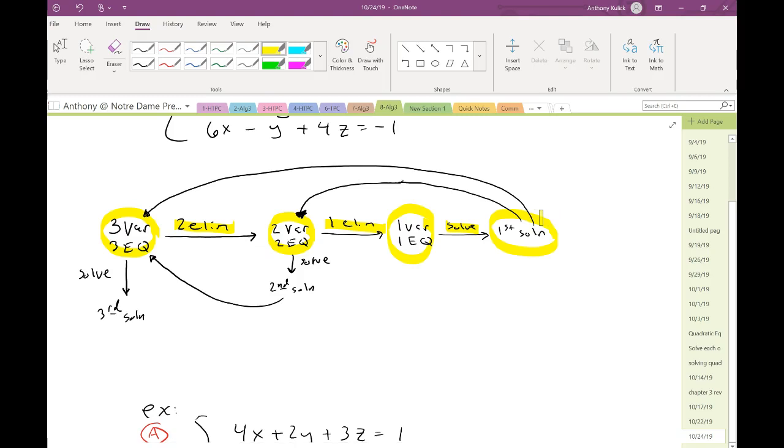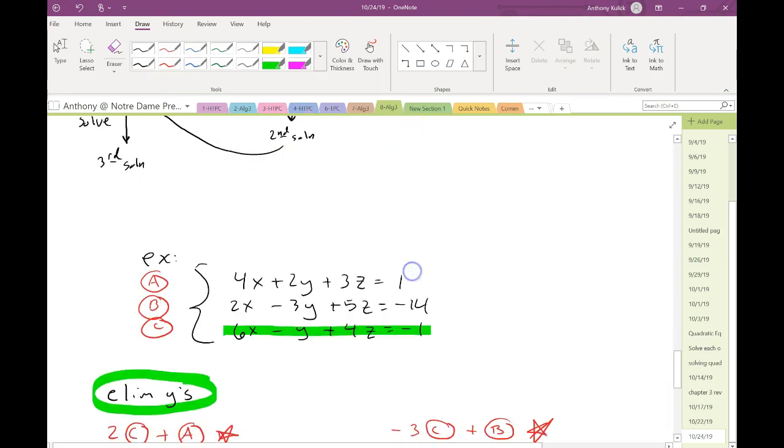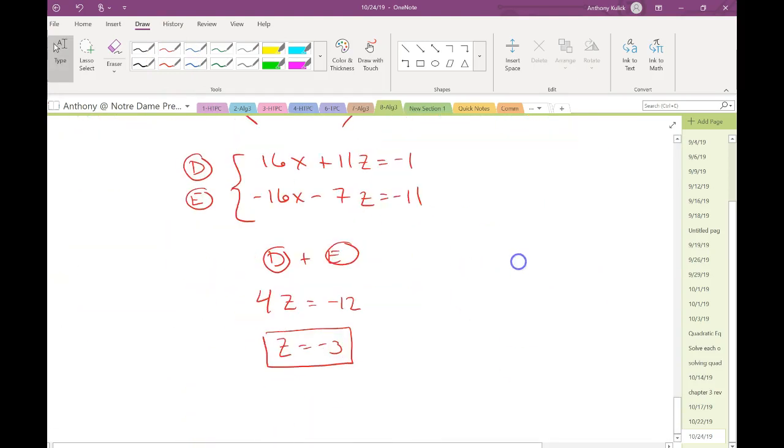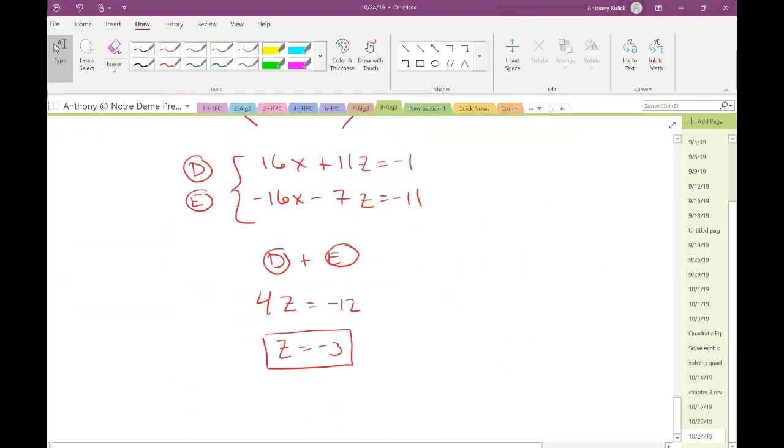With that first part of our solution, we're going to go back and plug that answer into one of the 2 variable equations. It doesn't matter which one. So I'm going to plug z into either equation D or equation E. I'm going to plug it into equation D, just for the sake of picking one.